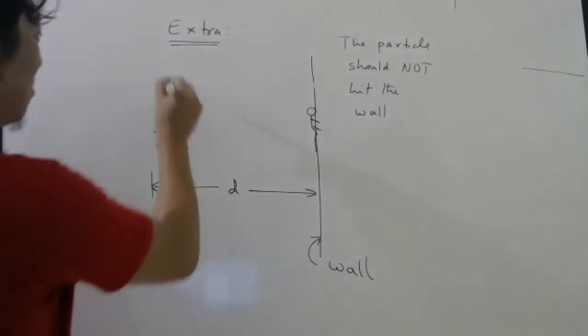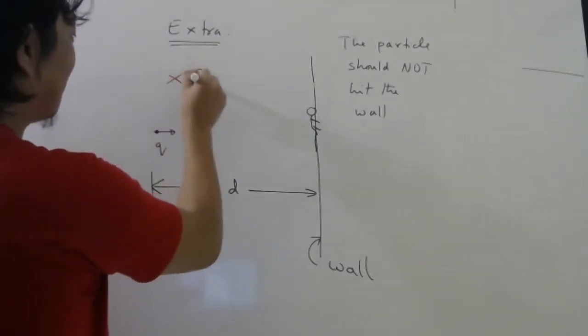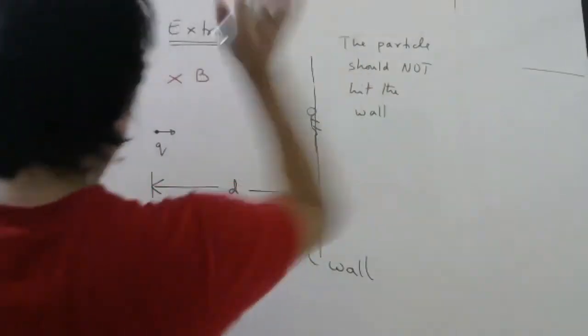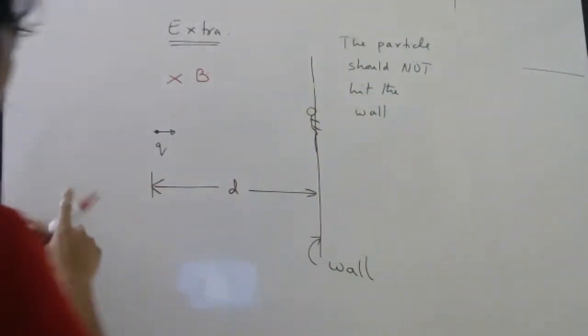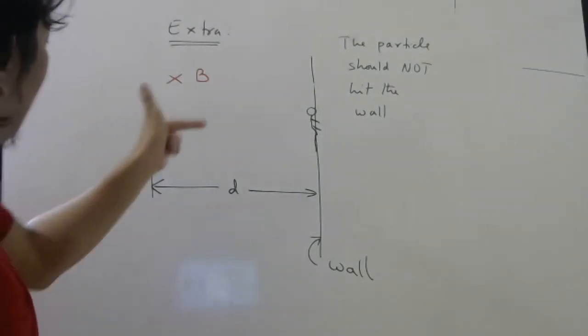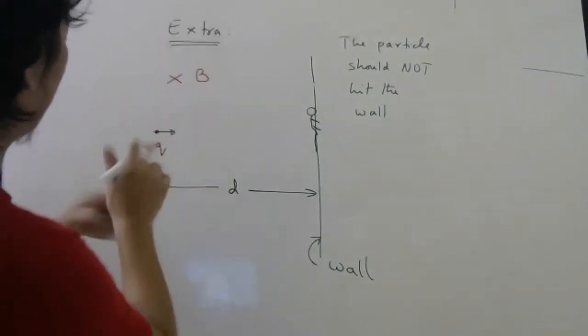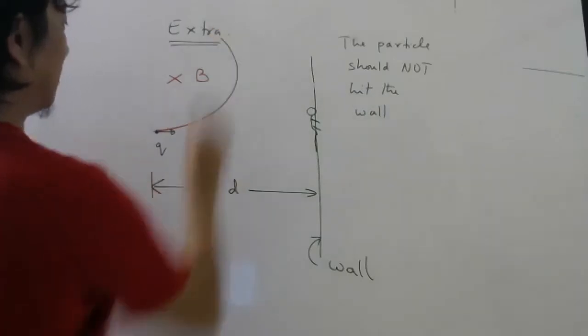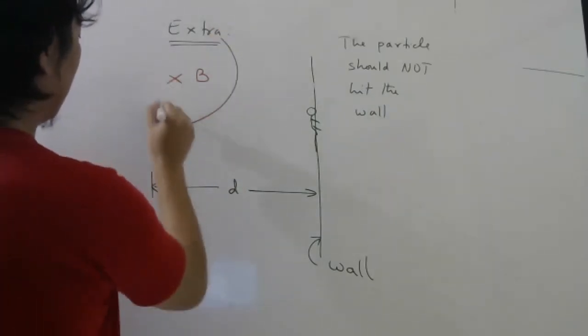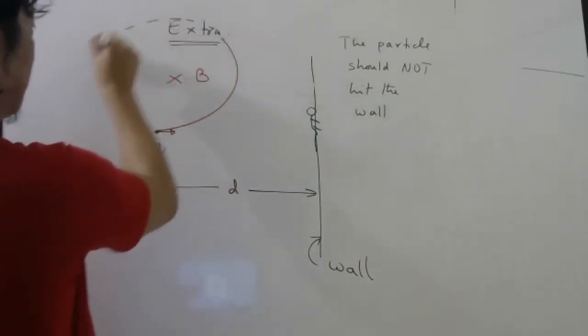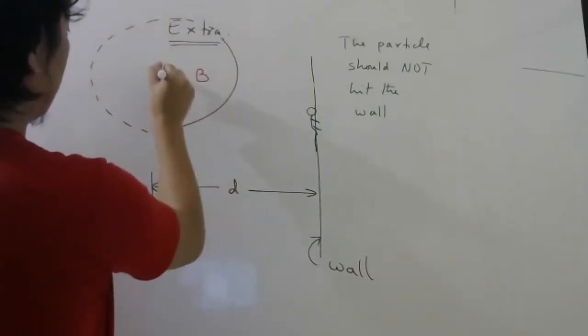So what you do, you apply magnetic field this way, like this. So if you apply magnetic field this way, where will be force? Force will be upwards, so it will go like this. It will go in a circle. Now what is the radius of that circle? It will go in this circle, no, like this. So what is the radius of that circle?